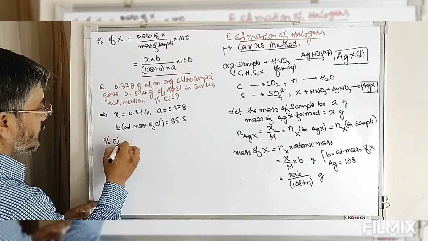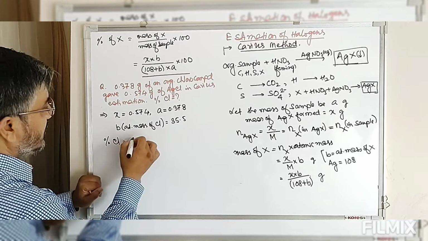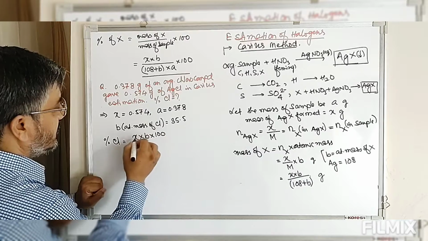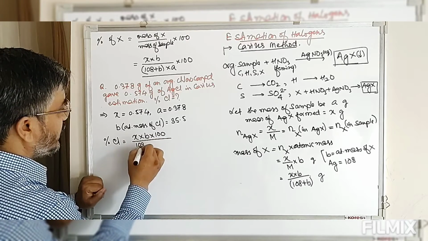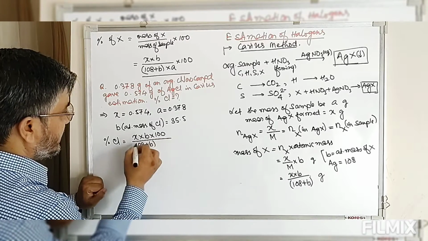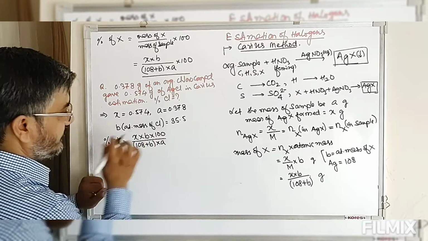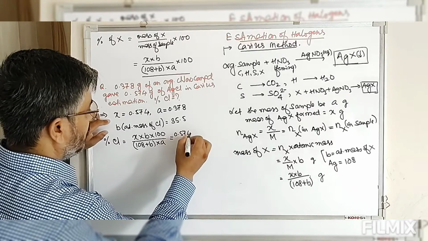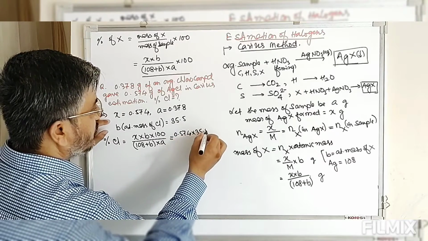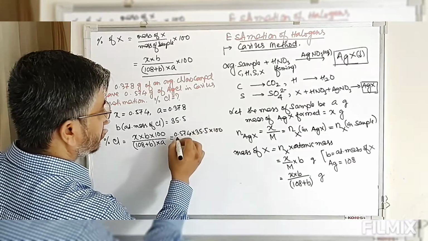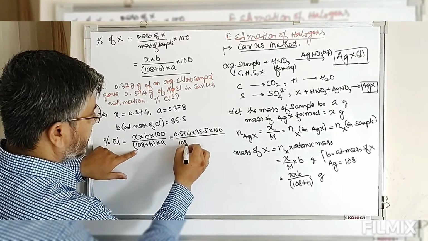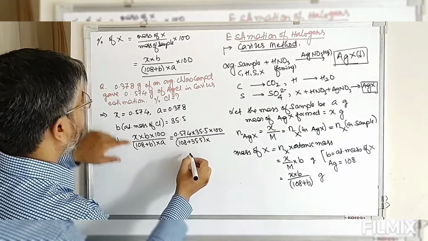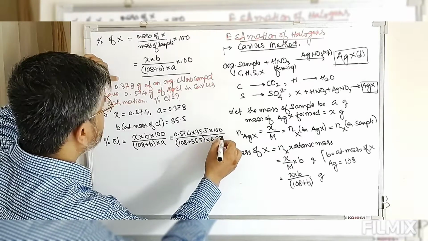Therefore the percentage of chlorine is equal to, we have this formula, x into B into 100 divided by 108 plus B into A. Now we have x given as 0.574, B is 35.5 into 100 divided by 108 plus 35.5 into A, which is given as 0.378.